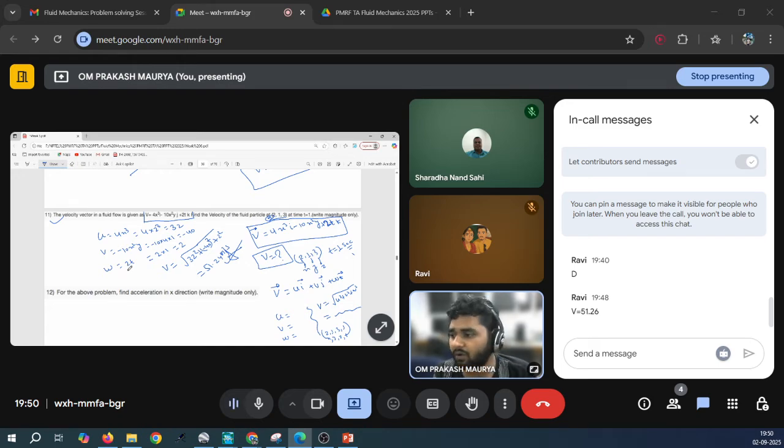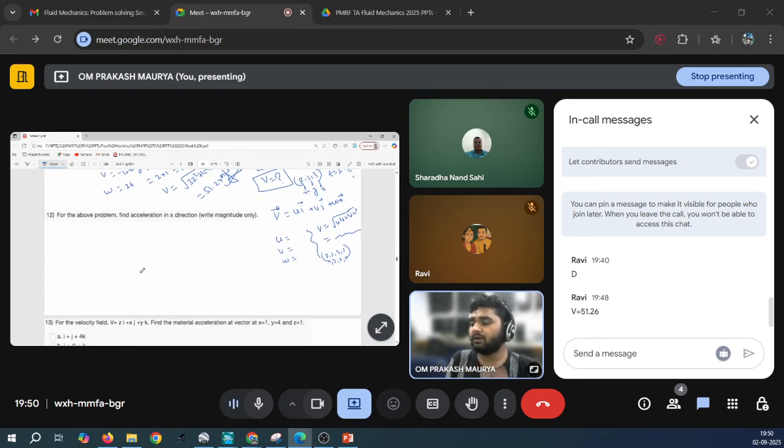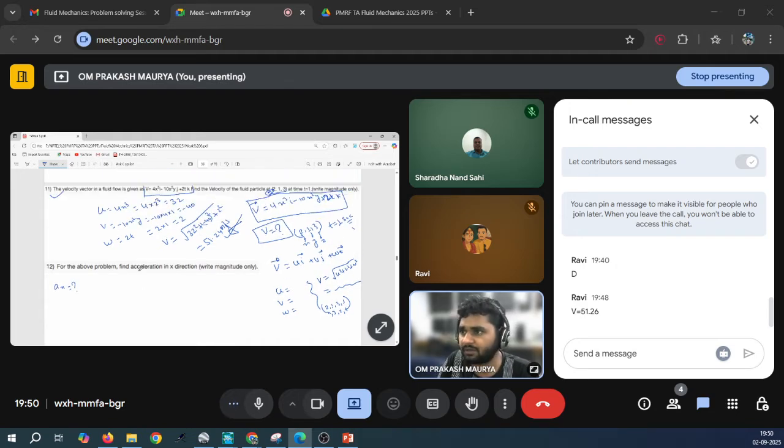Okay. So the next question is, for the above problem, find the acceleration in x direction. Here you need to find the acceleration in the x direction for the same question, for this same expression and same point and same time, everything. You have to find out the acceleration. So please just try to calculate.